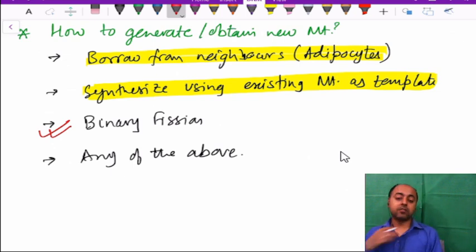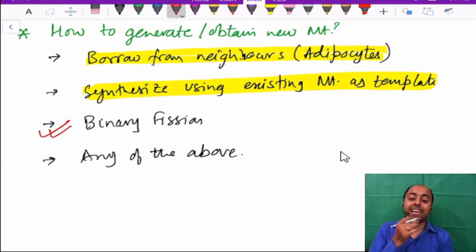Please understand that mitochondria is basically an endosymbiote. It is a prokaryote which was engulfed by a eukaryote during evolution, and later on they had this symbiosis. They complement the survival of each other.